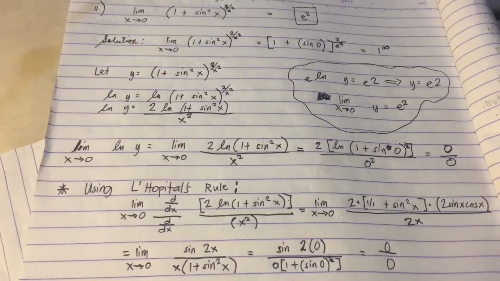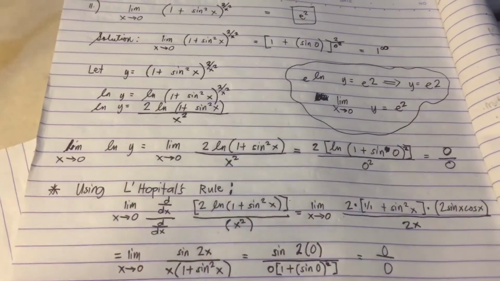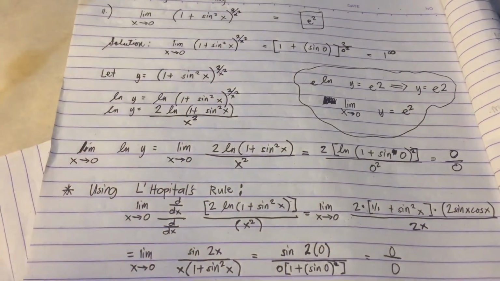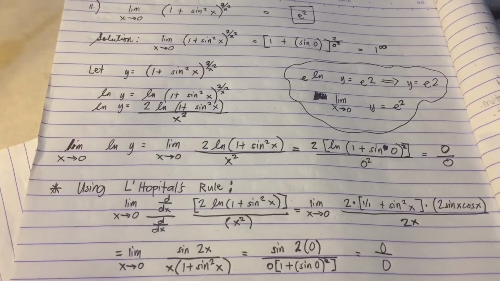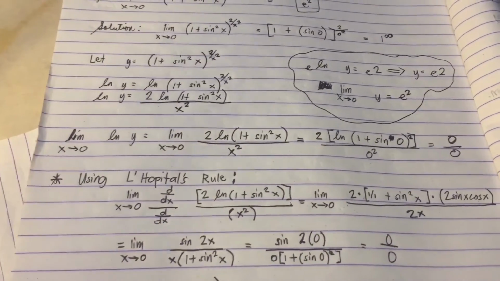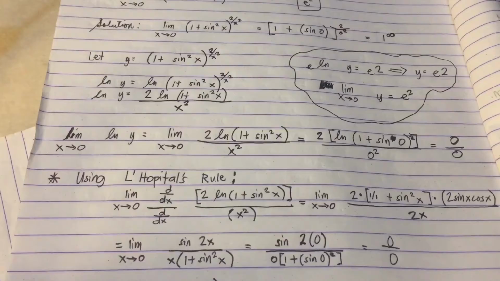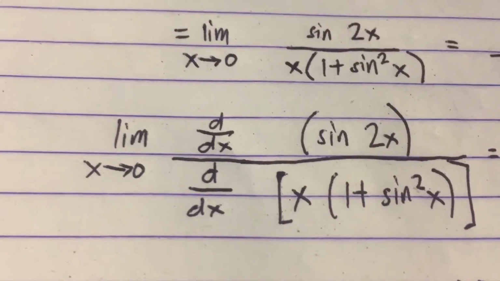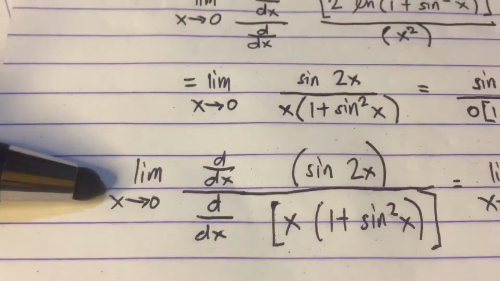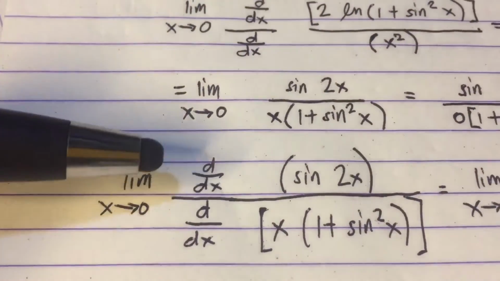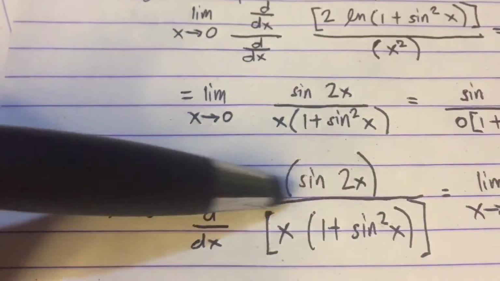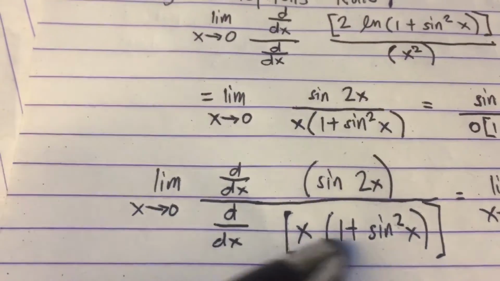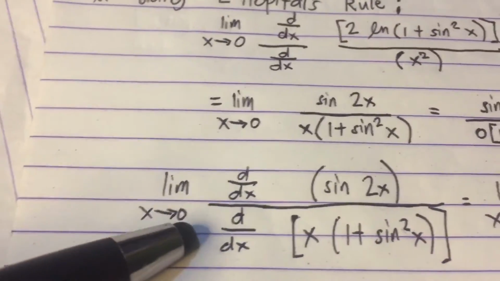See? Because of that, we will now get the limit of f prime of x over g prime of x as x approaches c. We will now have the limit of this, which is our f prime of x, and this is our g prime of x, as x approaches 0.